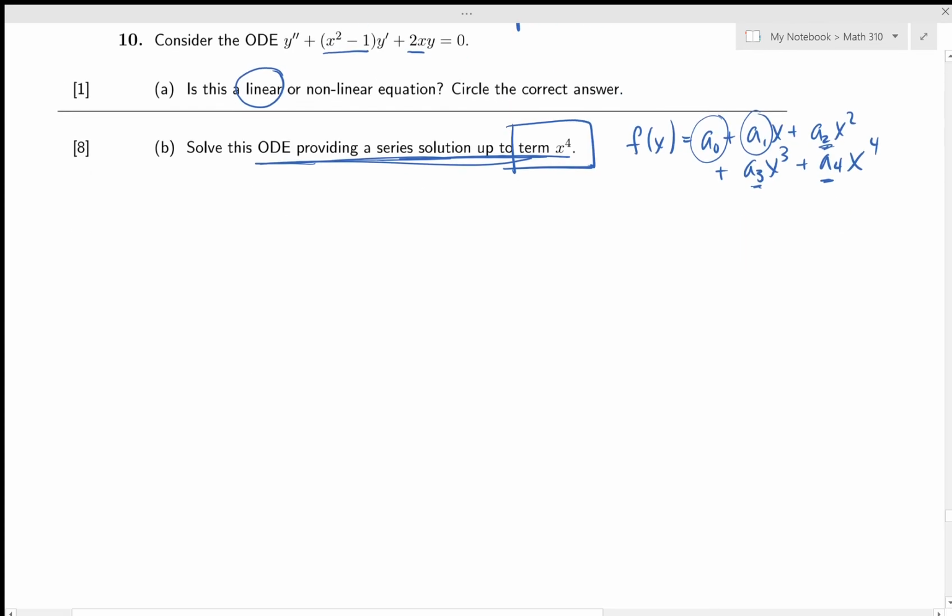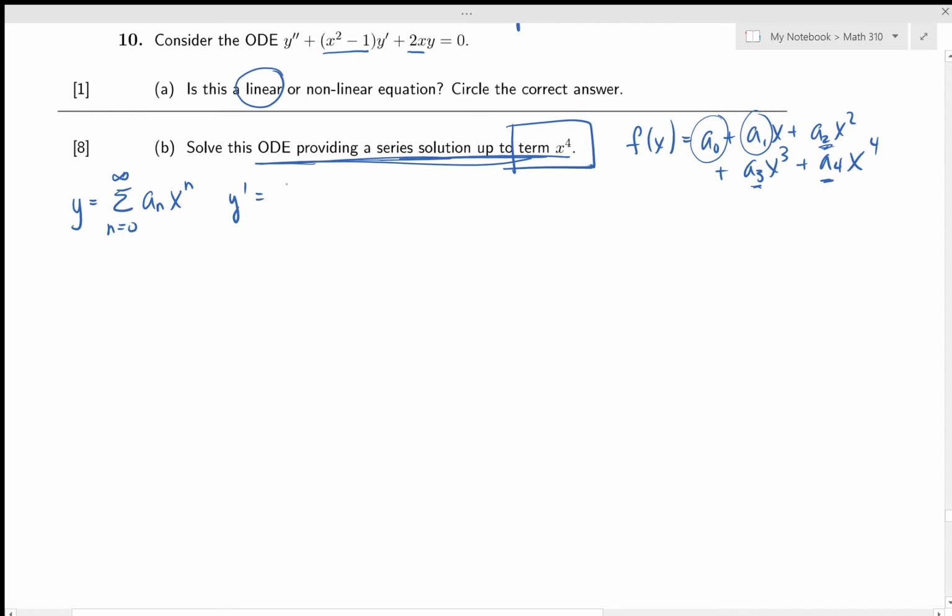Okay, on all of these series solution questions, we are going to start by assuming a power series. In this case, we're at an ordinary point, so we just assume this power series right here. We take the derivatives.